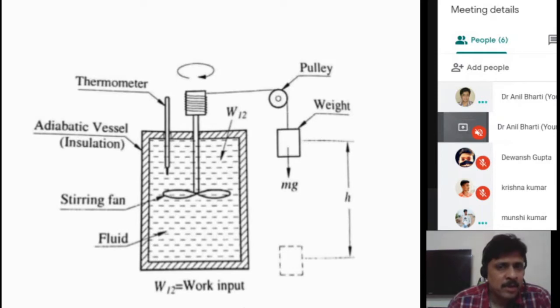What will happen in return? It will try to revolve this fan. Now we can easily calculate the amount of work done as mgh. It should be equal to the heat energy translated into the system.